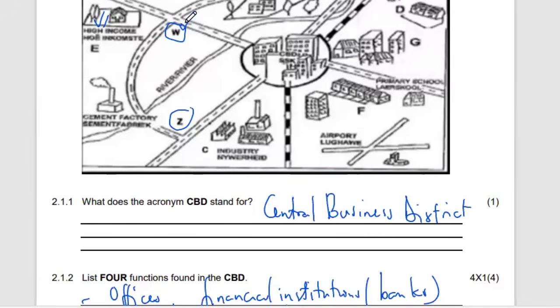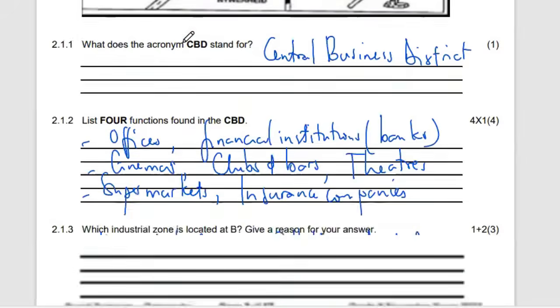And also the shopping mall, if it's located here, it means it's further away from industrial activities, which can cause pollution or is a health hazard to potential people who are going to support the activities at this particular mall. So we are justifying that we choose area W for the reason that it's close to residential areas.